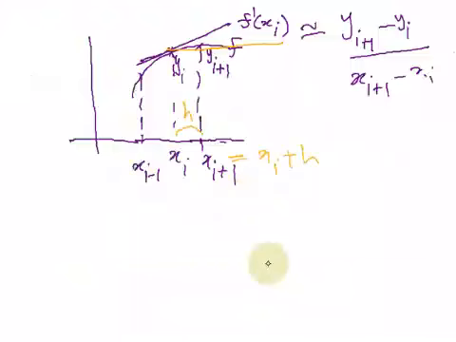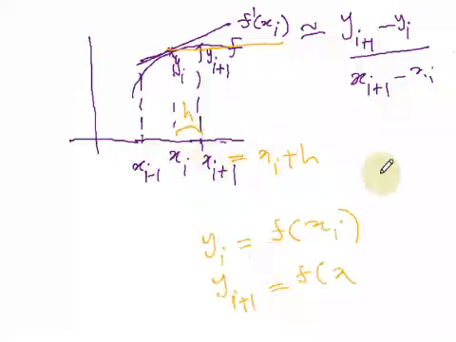So yi is the function value evaluated at xi, and yi plus 1 is the function value evaluated at xi plus h. Plugging these numbers in, you can find an approximation to this.